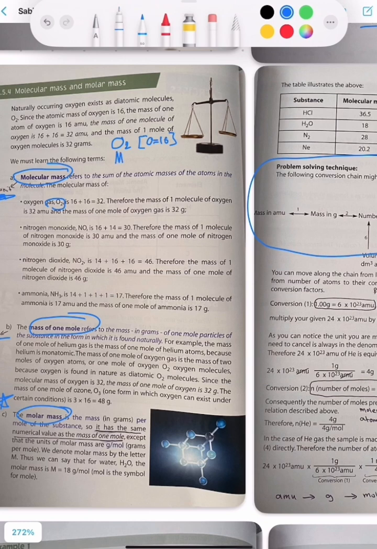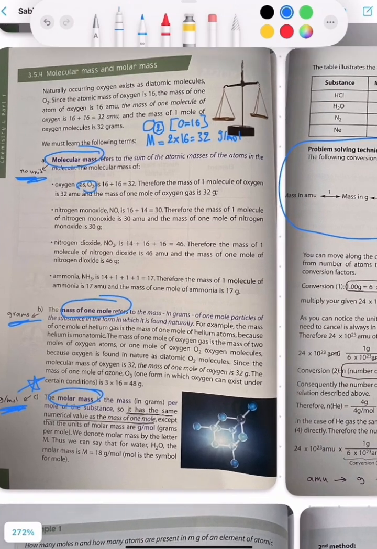The molar mass would be equal to, how many atoms of oxygen do we have? 2. So 2 times 16, 32. Done. 32 what? Gram per mole. This is the unit of molar mass. If you want molecular mass, same thing, still 32, no unit. If you want the mass of 1 mole, still 32, but in grams.